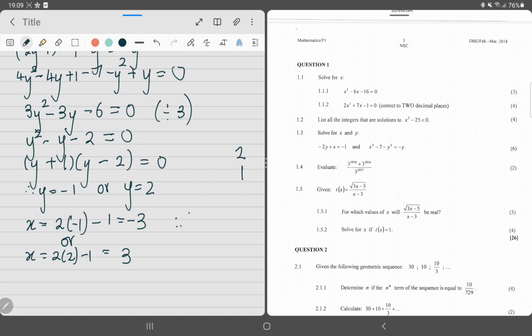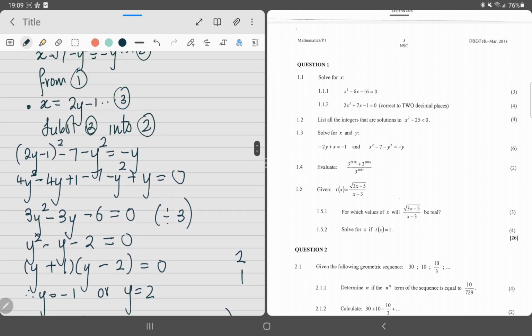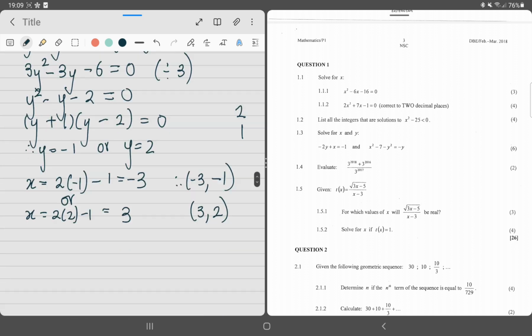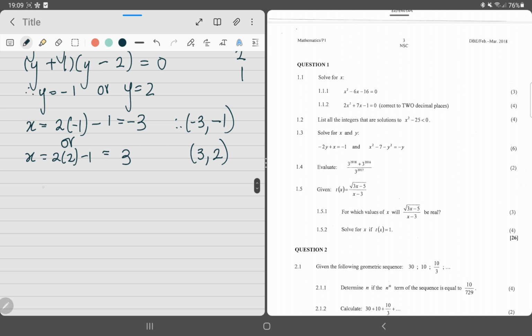Therefore, I'm getting x is negative 3 when y is negative 1. The other one is x is 3 when y is 2. And I'm just going to substitute to check if I am getting what was initially given. So this is negative 2, so my y is minus 1, my x is minus 3.